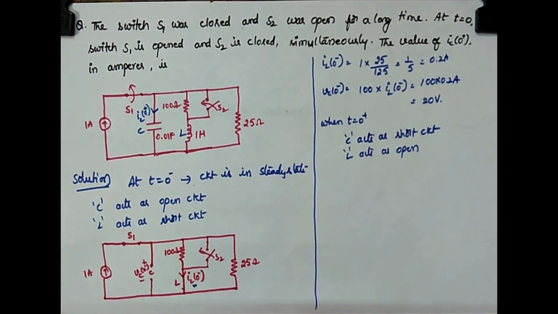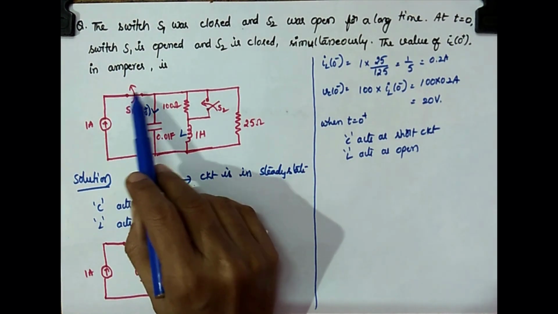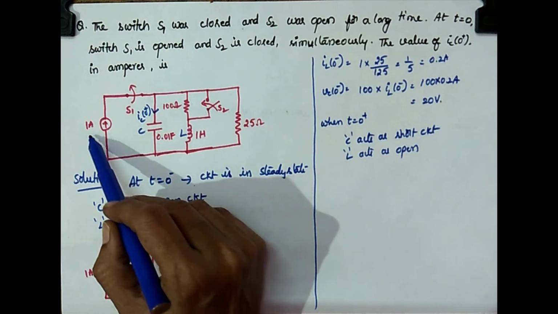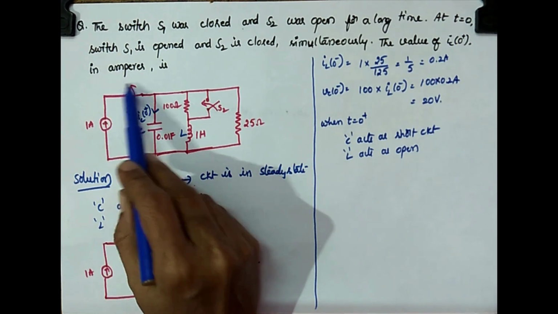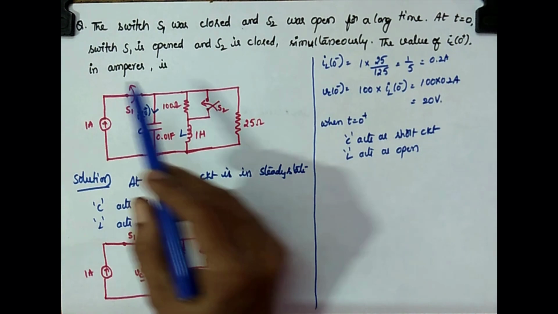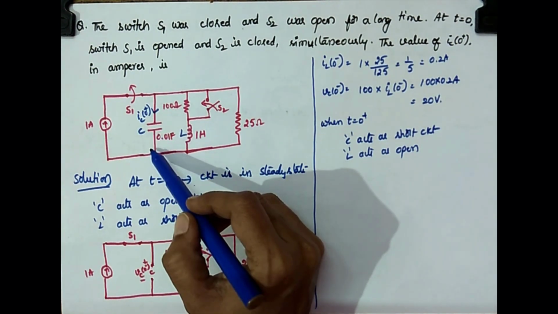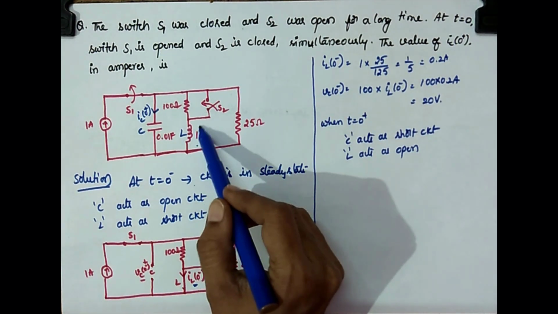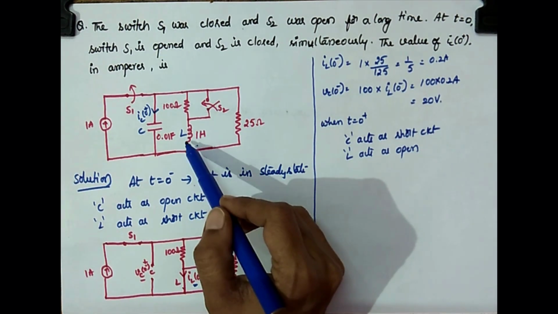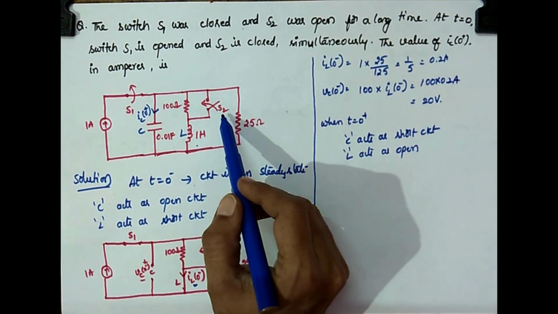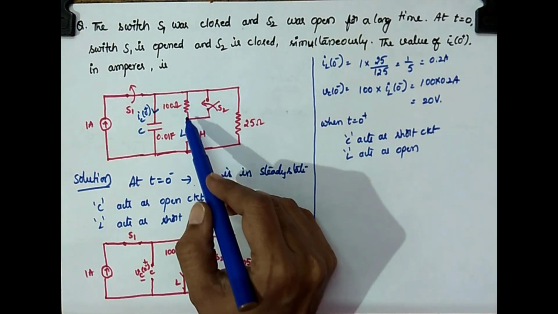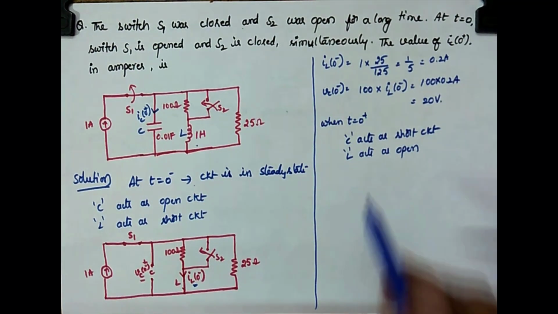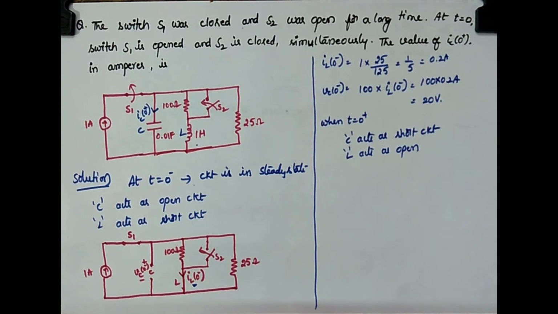Now at t = 0 plus, as S1 is open, there is no effect of the 1 ampere current because through open terminals there is no current. The capacitor acts as short but has a voltage of 20 volts, the inductor acts as open but has a current of 0.2 amperes, and S2 is closed so the 100 ohm resistor is also shorted. So for t = 0 plus, I draw the circuit like this.